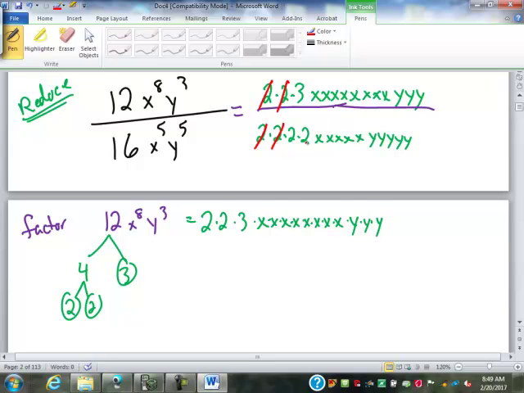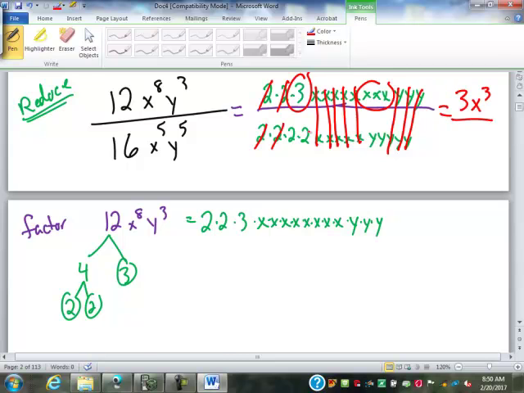How about for x's? 1, 2, 3, 4, 5 will cancel out. For my y's, 1, 2, 3 cancels out. So what's left on top here? 3 x to the 3rd. On bottom, well, 2 times 2 is 4 y squared.